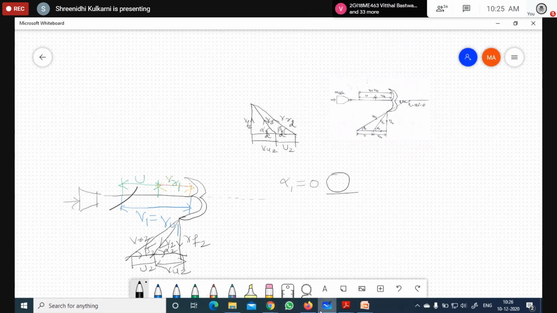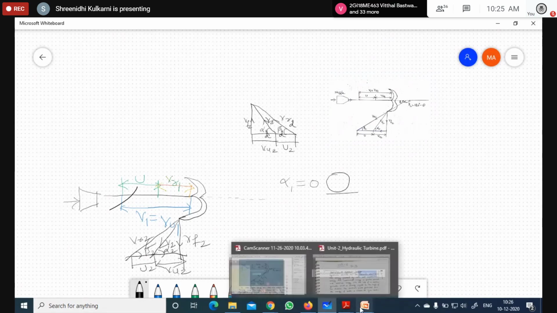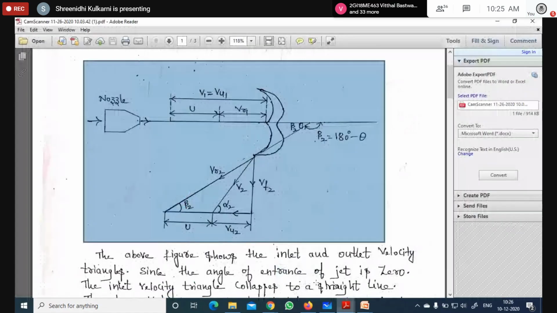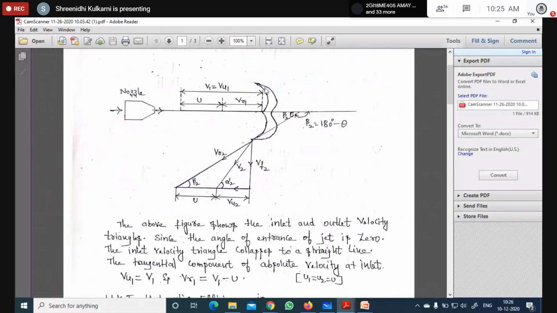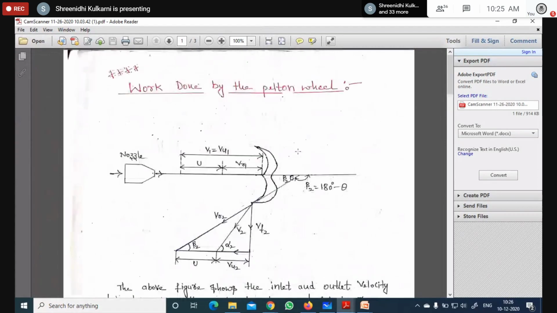Then we'll move on to the derivation now. Please practice, or just note down step by step. This is very important, because in hydraulic turbines you have only one derivation.